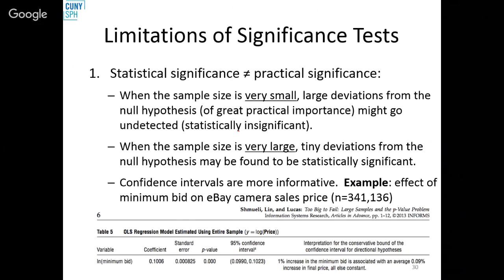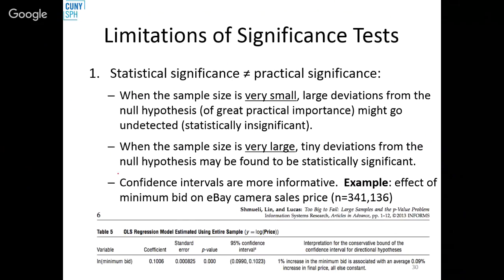Conversely, when the sample size is big, then any little difference in population means could be statistically significant, even if those differences are not especially important.